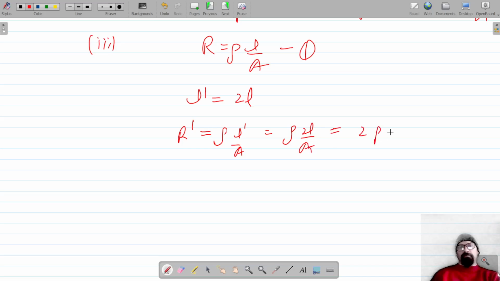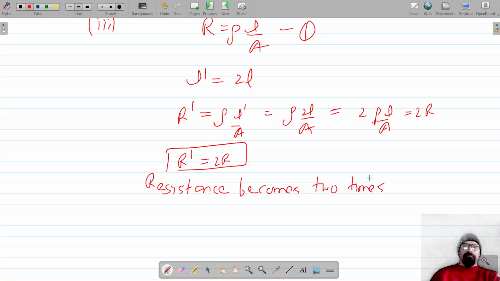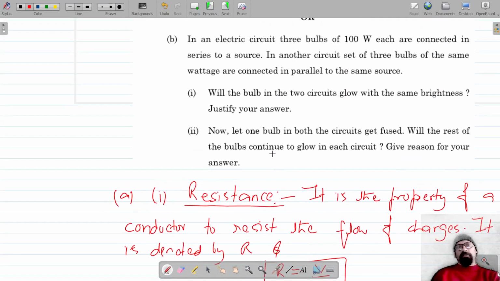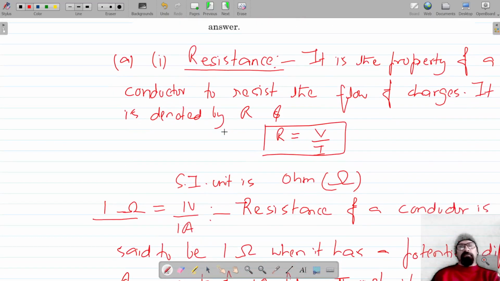So this becomes 2 into rho into L by A, which is 2 times R. So resistance becomes 2 times. So we can say when the length is doubled, resistance becomes 2 times.